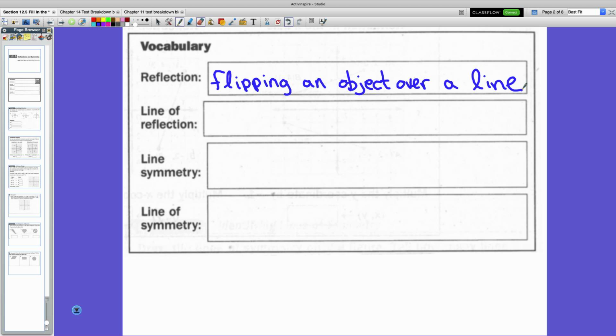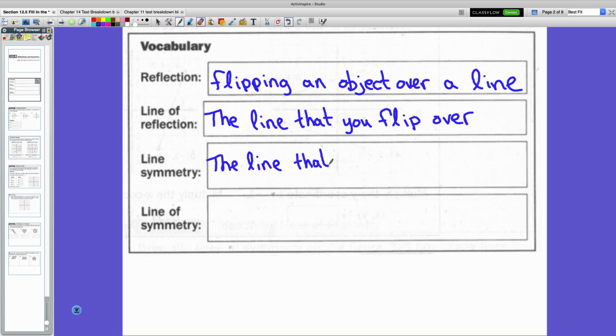So flipping an object over a line, that's reflection. Then the line of reflection is the line that you flip over.